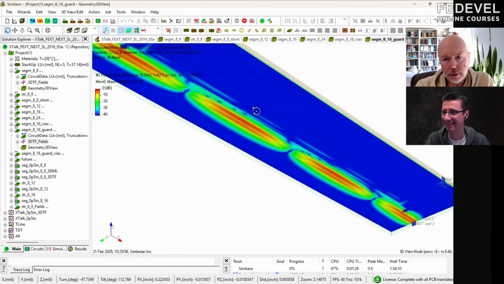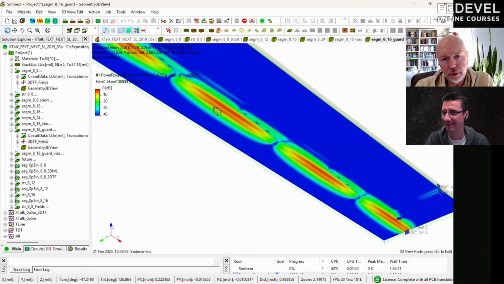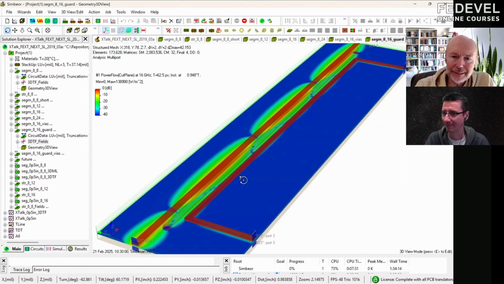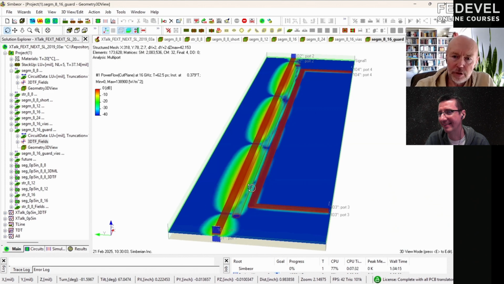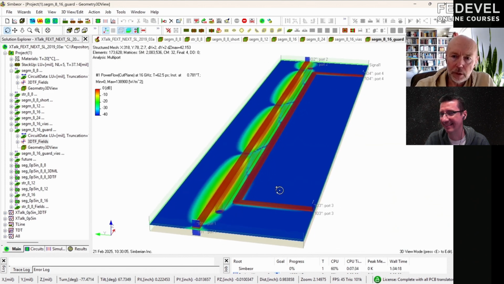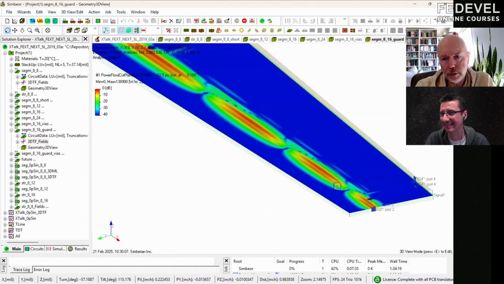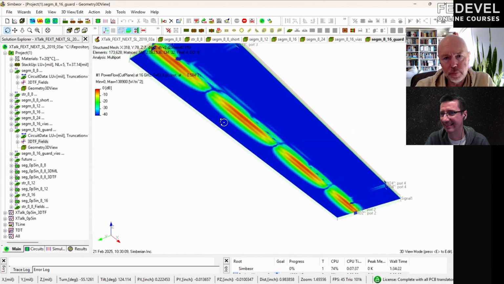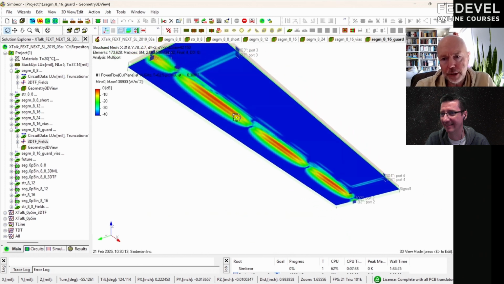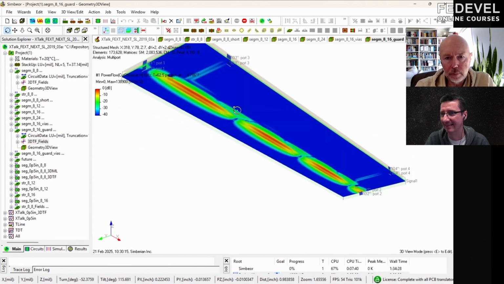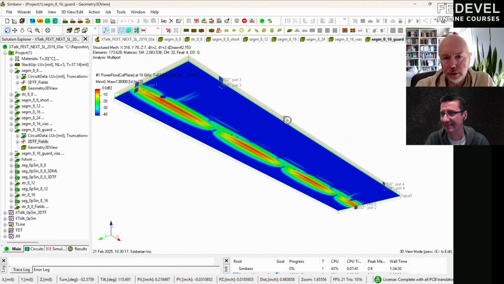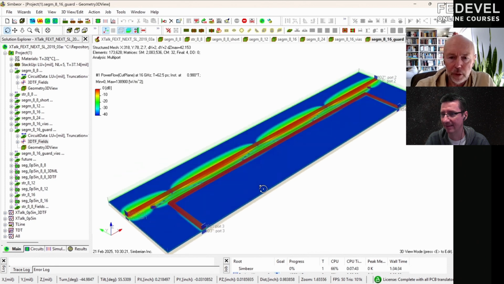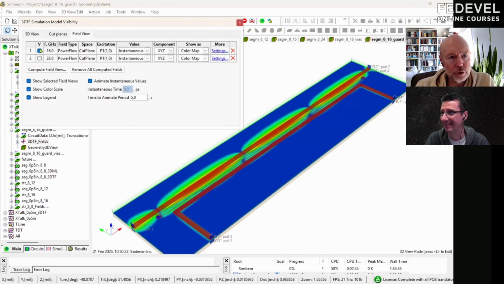You can see that the energy now, this guard trace in the middle, the energy in this middle grounded trace is a little bit oscillating, and we can still see near and far crosstalk here. This is at 16 gigahertz.